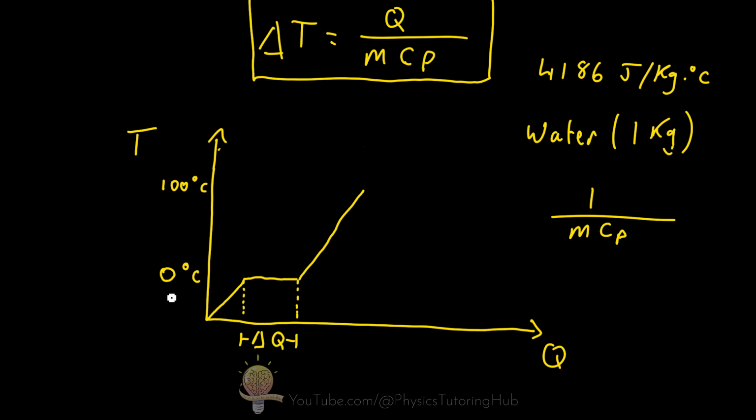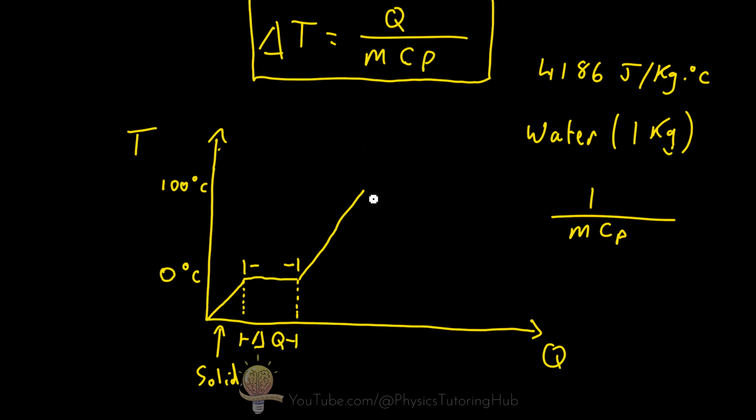At temperatures below the substance's freezing point, we have a solid, and our specific heat capacity equation applies. But here, we've got a phase change. So we can't use this equation when the ice is melting, or when the solid is melting.